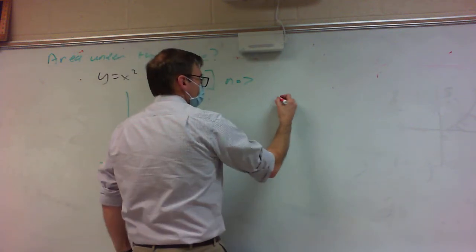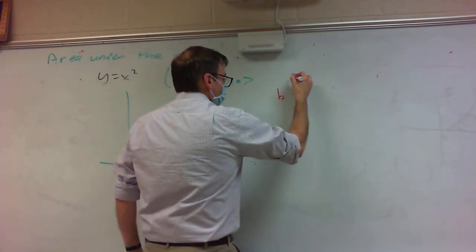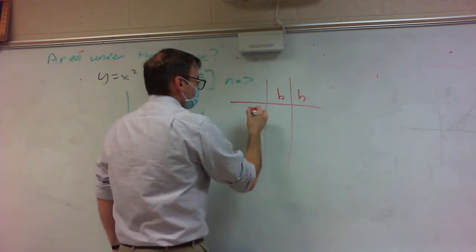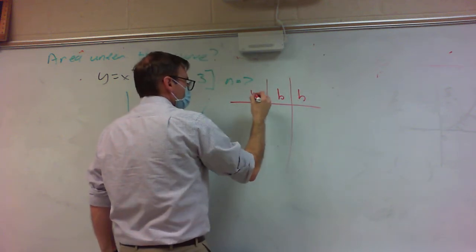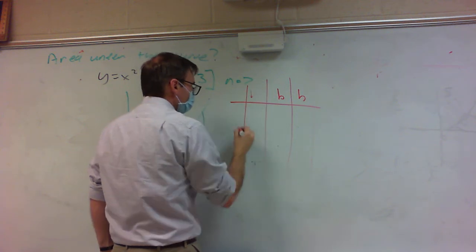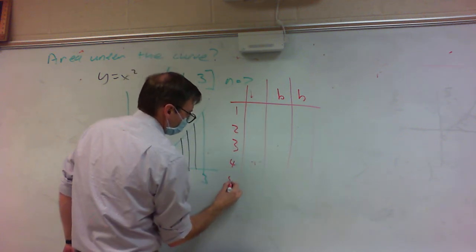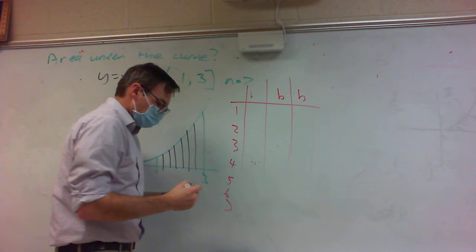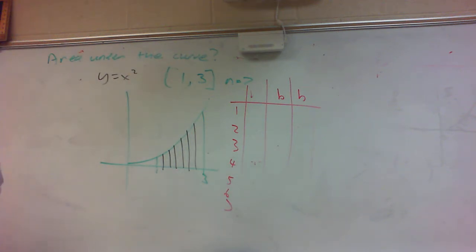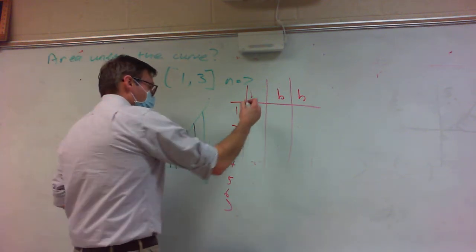Let's see, I've got a base and a height, and here's rectangle 1, 2, 3, 4, 5, 6, 7. All right, so let's figure out what we know. Technically, that's the x.